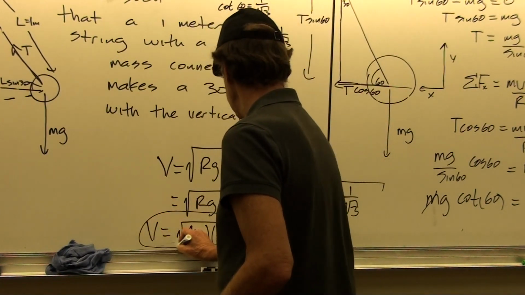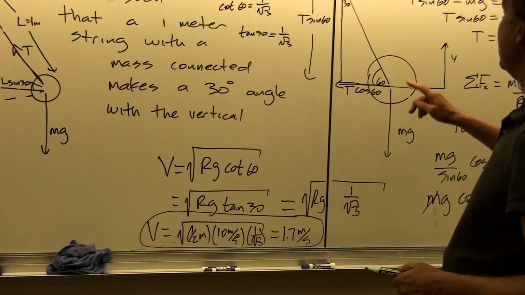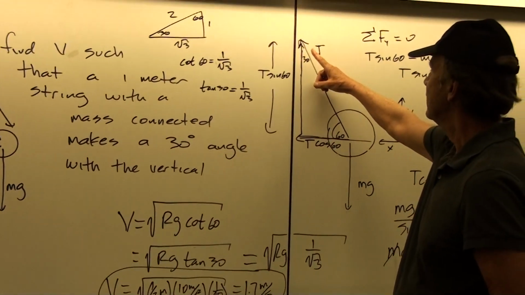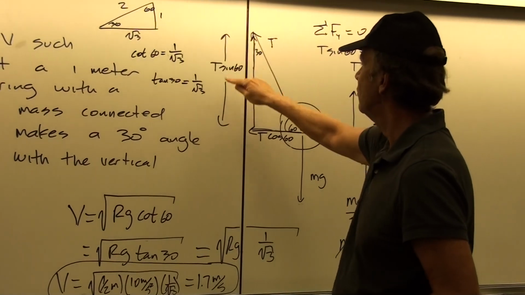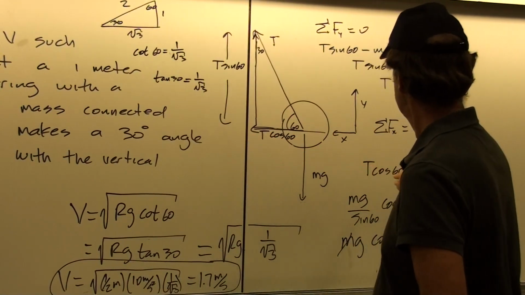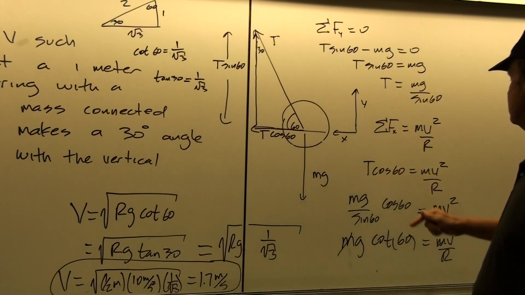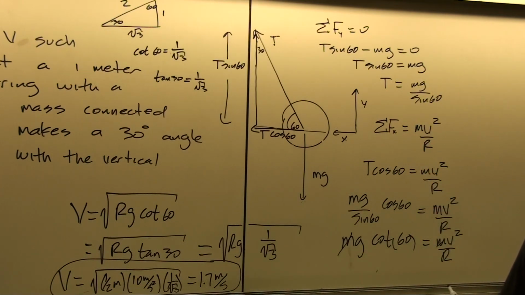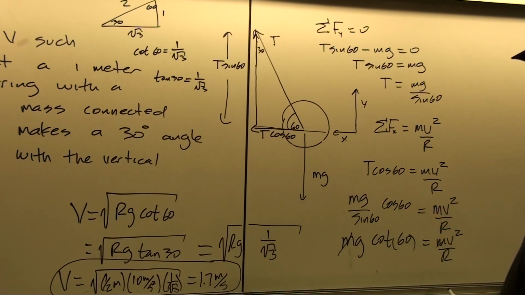Okay, so this is our first example where we've needed to take a vector and decompose it into x and y components, where here the y component supports the weight, and the x component, the T cosine theta component, supplies the centripetal force. Then by just substituting one equation into the other, solving for T, plugging that in here, we get our final result.